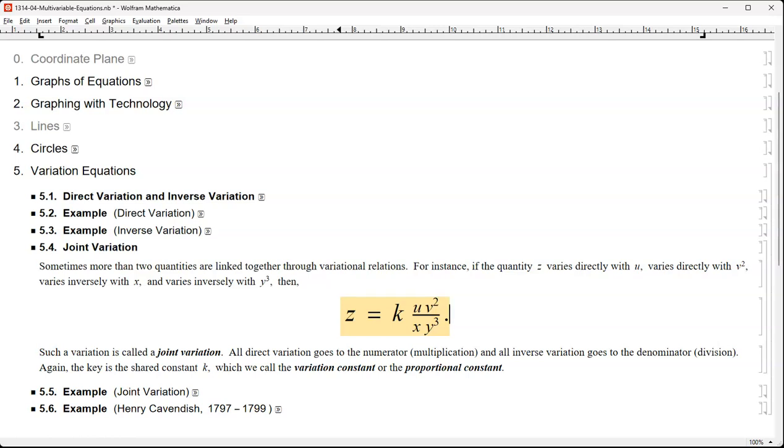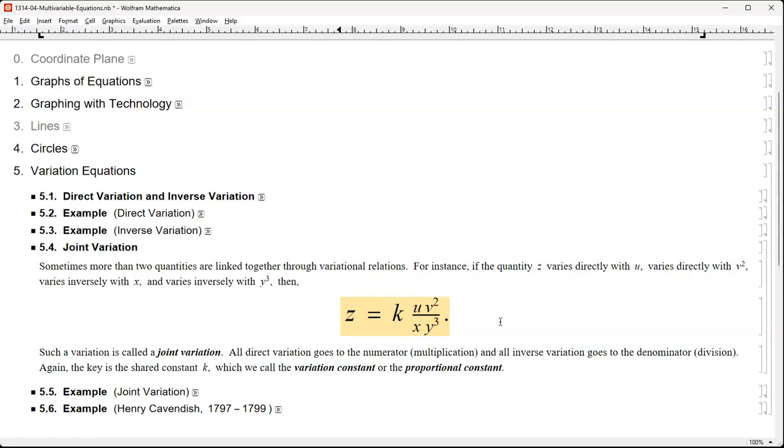Direct variations are the numerator, inverse variations are the denominators, multiplication and division respectively: u and v squared direct, x and y cubed inverse. And as usual, we have a variational constant.